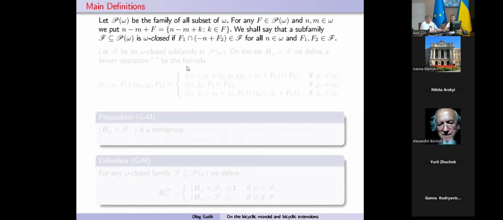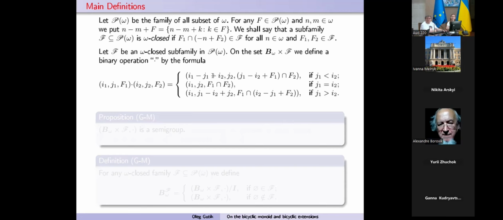We say that the subfamily F of P(omega) is omega-closed if the following condition holds for any n and f1, f2 from the family F.